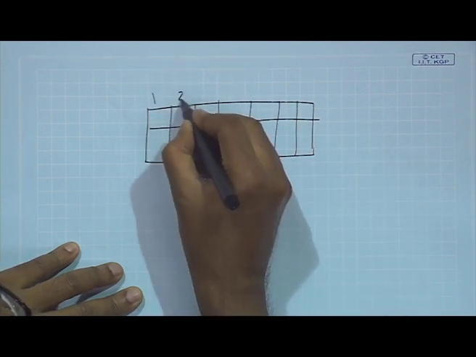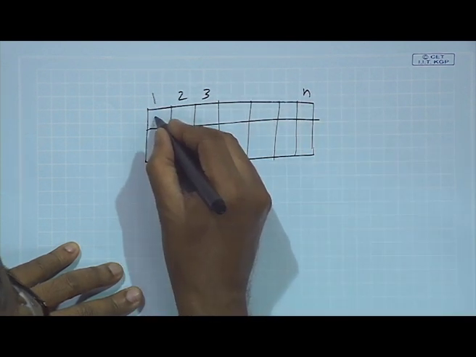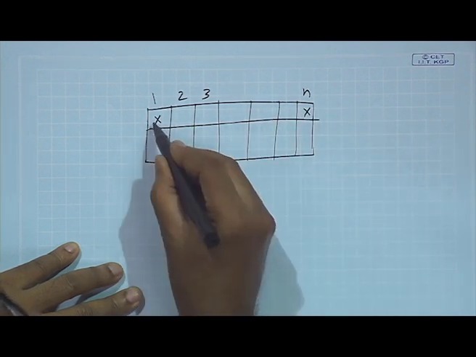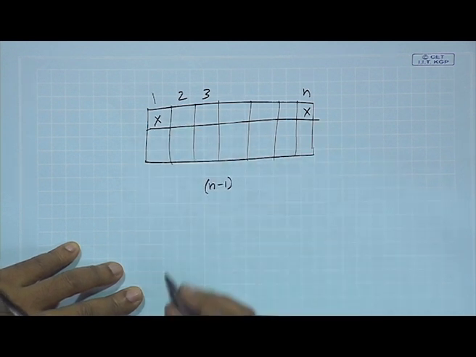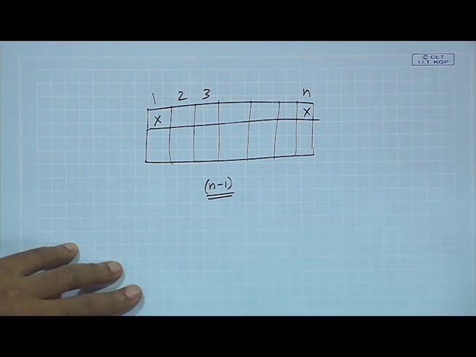Let us say there are n number of columns. So, in the worst case there can be a check mark here and a check mark here, which will result in a forbidden latency of n minus 1, a gap of n minus 1. This can be the maximum forbidden latency.